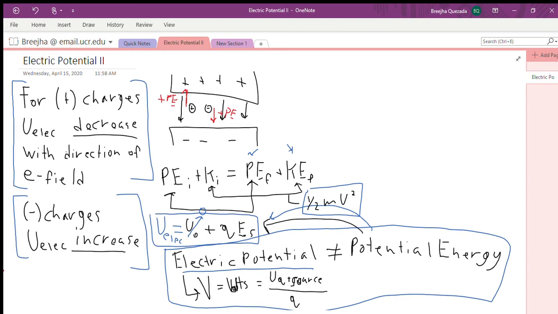So that's PE. For relating electric potential to potential energy, the first equation we have is this one right here.